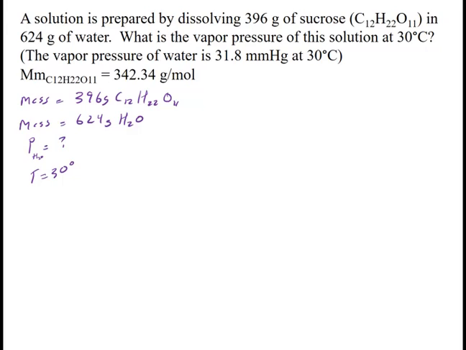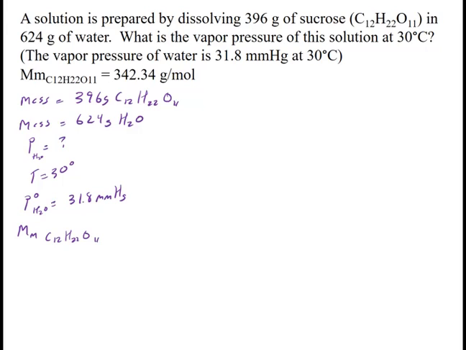I have a temperature of 30 degrees C. It tells me the vapor pressure of water, so P naught of water, is 31.8 millimeters of mercury, again at 30 degrees, and then it gives me the molar mass of my C12H22O11. Okay, so it wants the new vapor pressure.